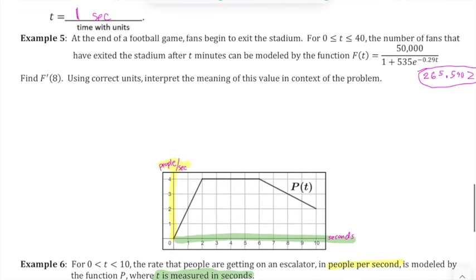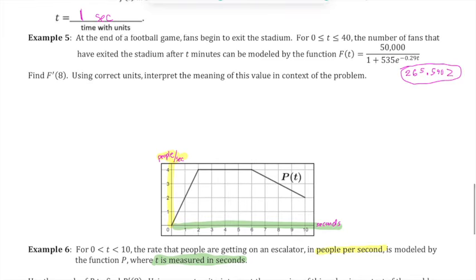All right, example 5. So at the end of a football game, fans, as in the fans of the football game, begin to exit the stadium. For 0 to 40, the number of fans that have exited the stadium after t minutes can be modeled by that function. Find the derivative at 8 using correct units. Interpret the meaning of this value in the context of the problem.